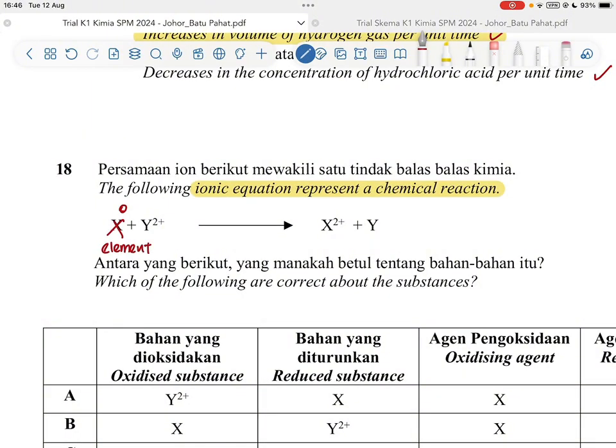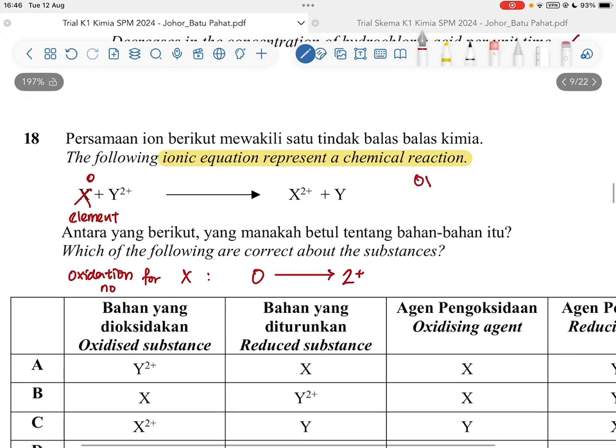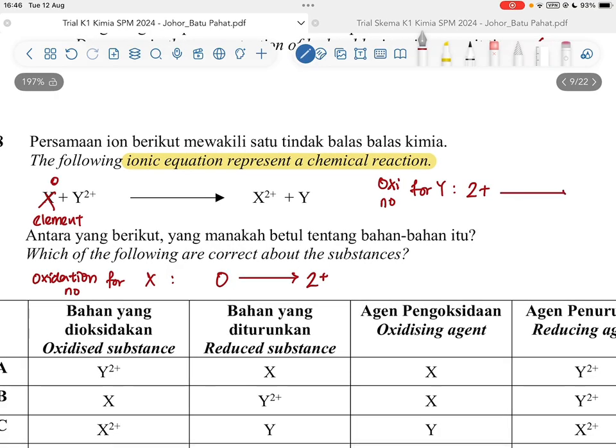The oxidation number for X increases from 0 to 2 positive, while the oxidation number for Y decreases from 2 positive to 0.